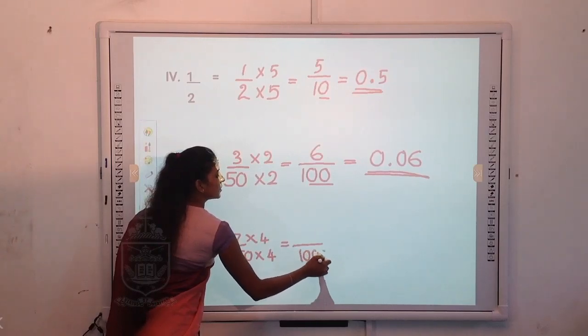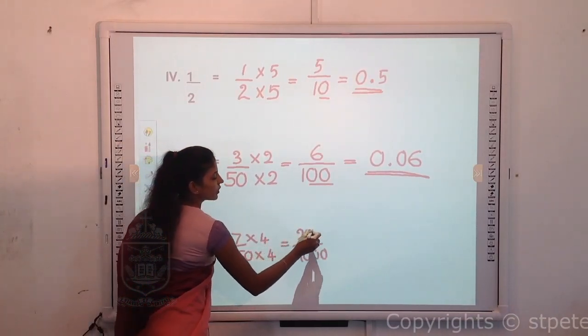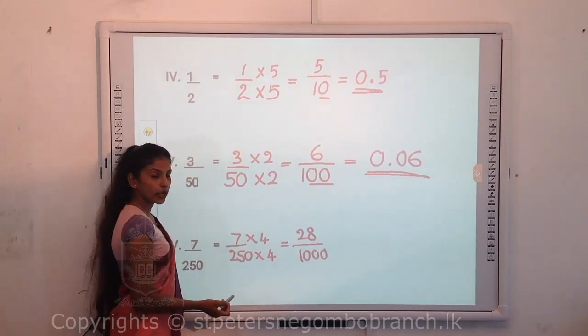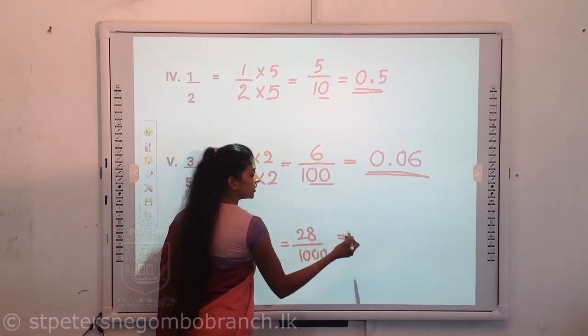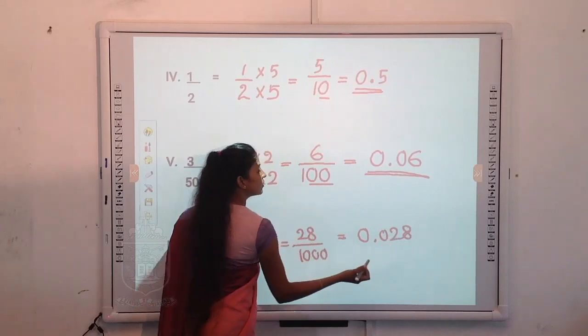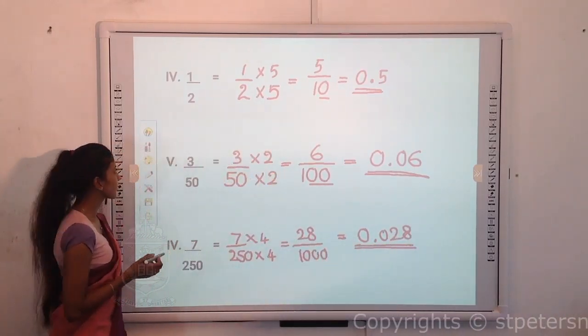So you will have 1000 as the denominator. So 7 times 4 will give you 28. So 3 zeros are there in the denominator. Therefore, 3 decimal places should be there in the final answer.